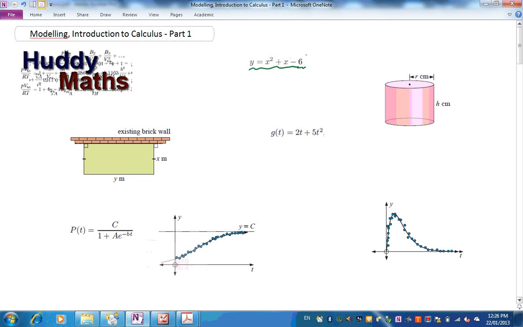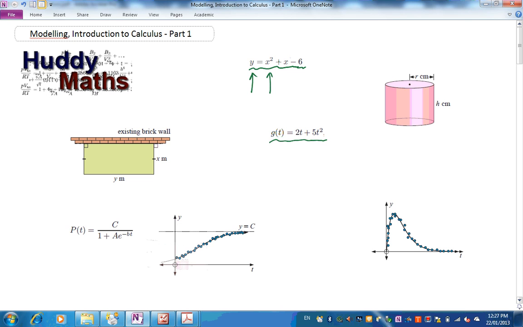But where we're headed is to this sort of function, where we want to refer to the variable in terms of that actual quantity which is varying within the practical problem, like here, time maybe, and g referring to a particular property of the system or parameter of the system. Whereas back here in y and x land, y and x could be anything. It's just talking about the relationship or the function connecting the variable.